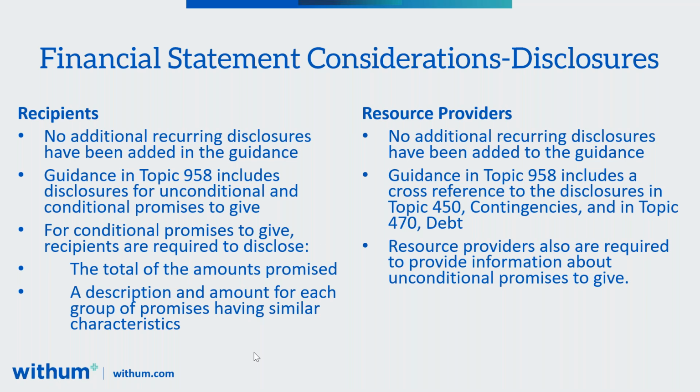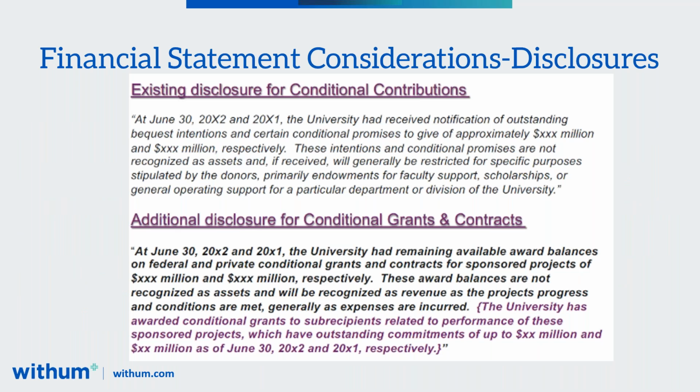Again, the one change may be, to the extent that you had government grants that in the past you treated as exchange transactions, and now you're treating them as contributions, you may actually need to disclose the unexpended portions of government grants that have been awarded. So that's something also to think about. And the next slide would give you some example disclosures for those conditional contributions and conditional grants and contracts, just to give you a roadmap as to what those disclosures may look like.